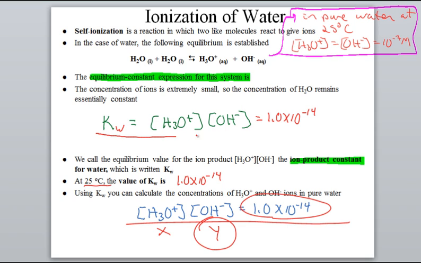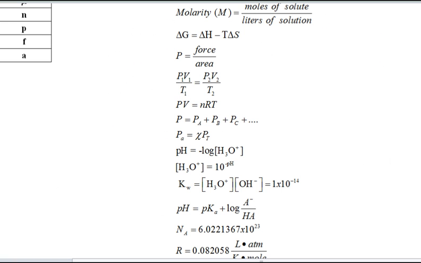The way that we're going to use this equation, if you're given either concentration, you can plug it into this equation and solve for the other concentration. We'll practice that in problems coming up. This equation is also in your information packet, right below the pH equations, and we'll be using it at least once on your final exam, and many times in your practice problems.